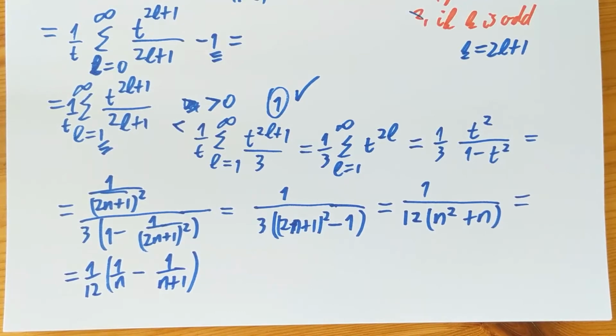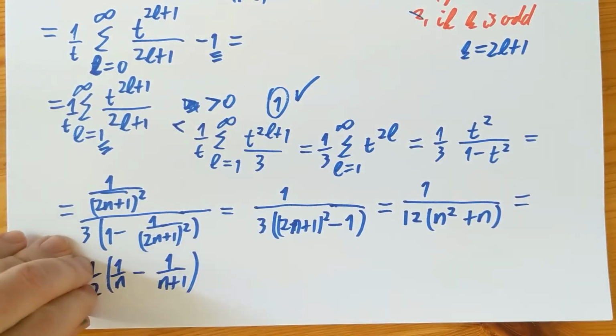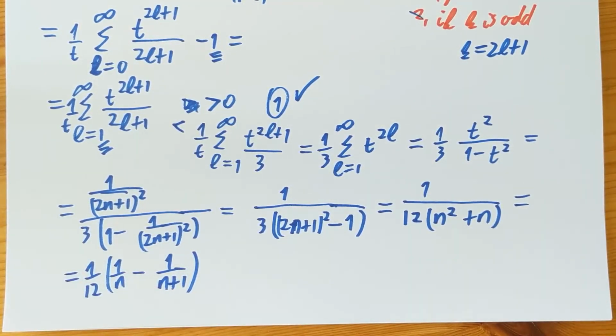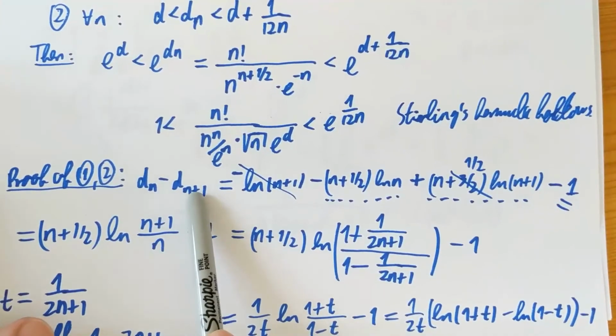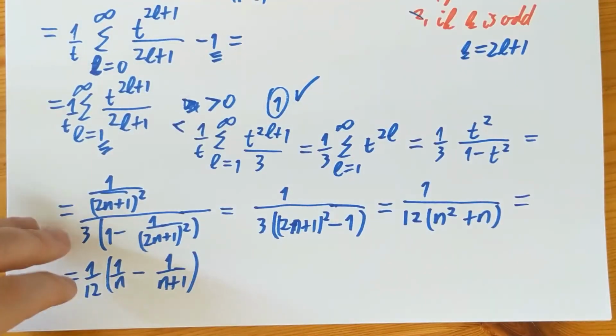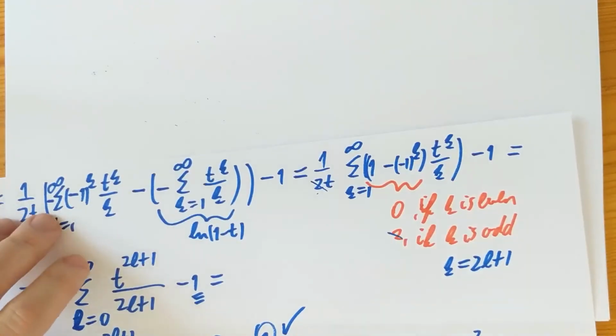So what did I get? I'm still calculating dn minus dn plus 1, and actually an upper bound on that.